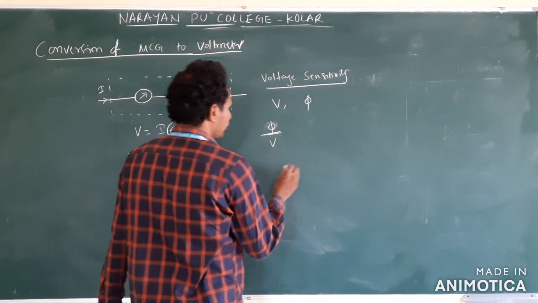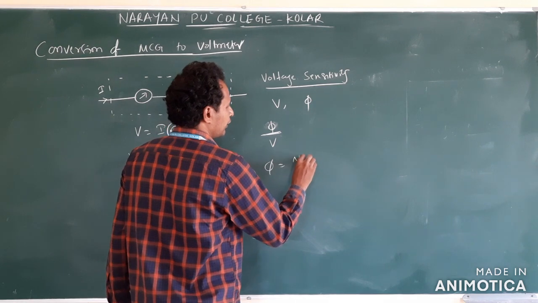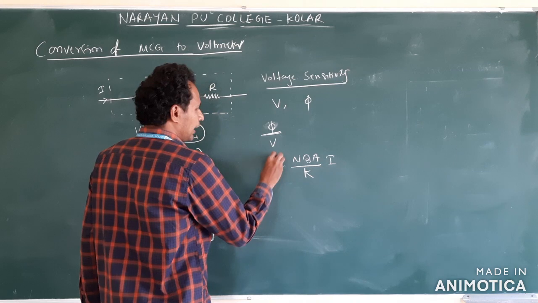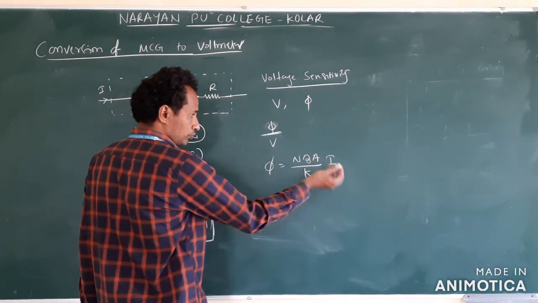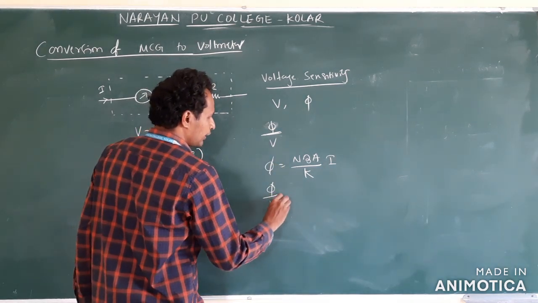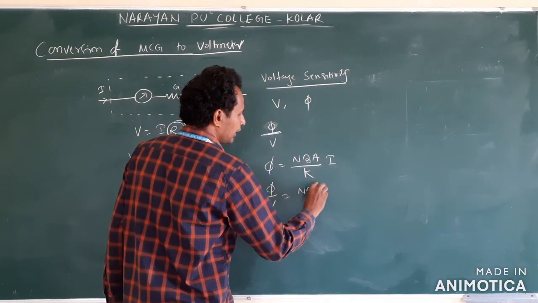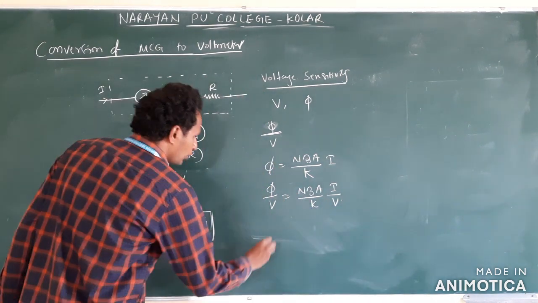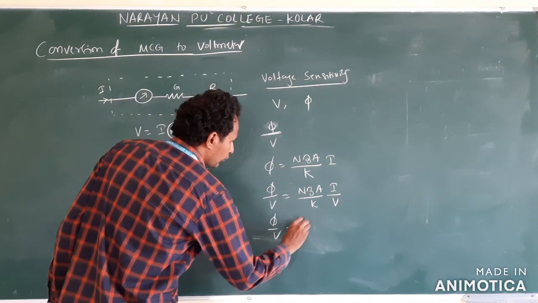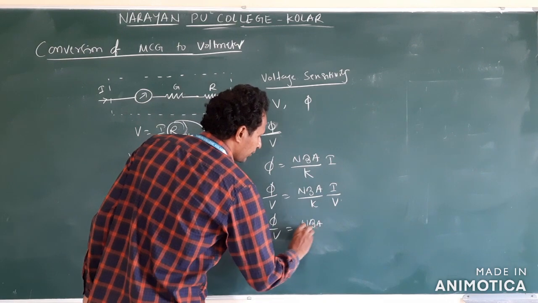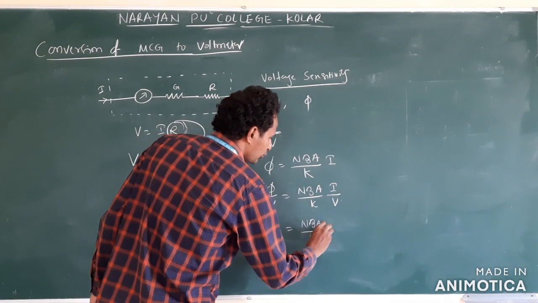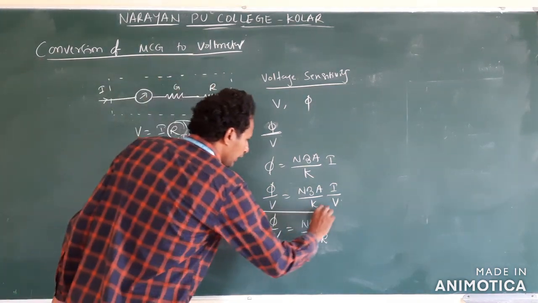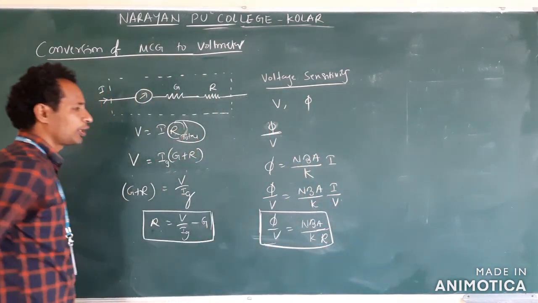So we have the equation phi is equal to N B A by K into I. I am dividing by the voltage on both sides. Phi by V is equal to N B A by K into I by V. I by V is what? Resistance R. So phi by V is equal to N B A by K R. This is the voltage sensitivity formula.